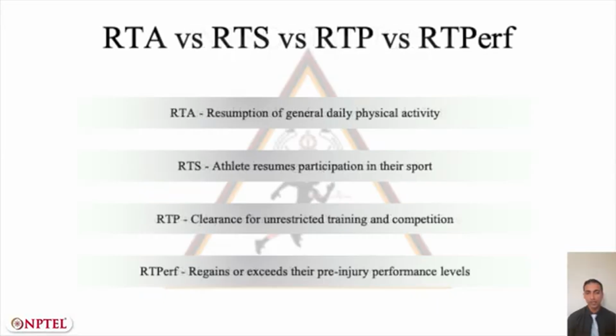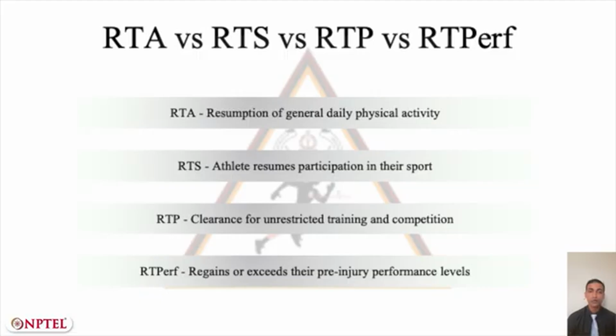Before we move further ahead, let us first discuss some of the terms that are interchangeably used in sports. I am talking about RTA, RTS, RTP, and RTPerf. RTA, which is return to activity, is resumption of general daily physical activity like walking, recreational exercise, gym work, without necessarily engaging in a structured sport.